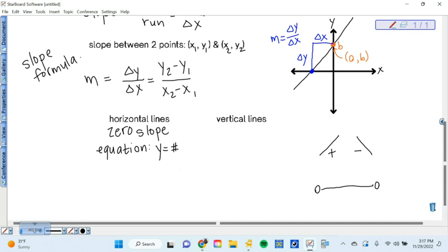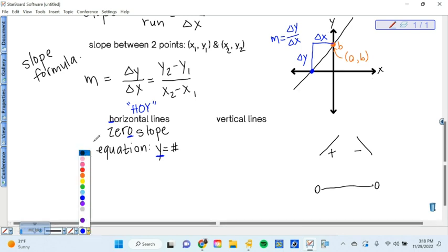Some number, right? And what did I tell you yesterday how to remember that? Yeah, hoy. Like today in Spanish. Right? Horizontal lines have a zero slope, and the equation is y equals a number, hoy.